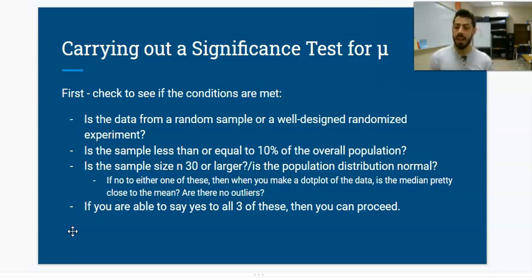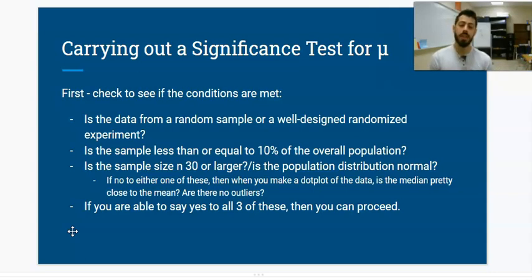Next, is the sample size 30 or more? If the sample size is 30 or more, then you can go ahead and proceed with the significance tests. If you know that the population distribution is normal, you can also go ahead and proceed with significance tests.